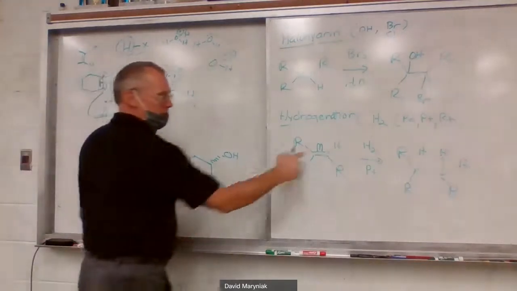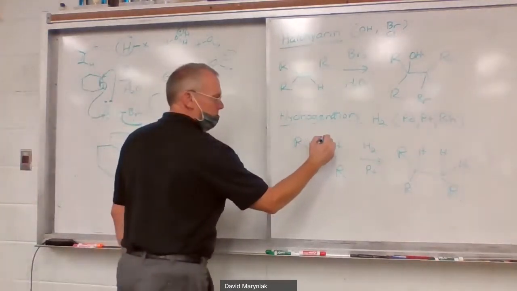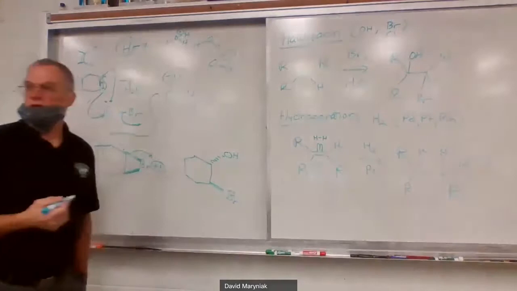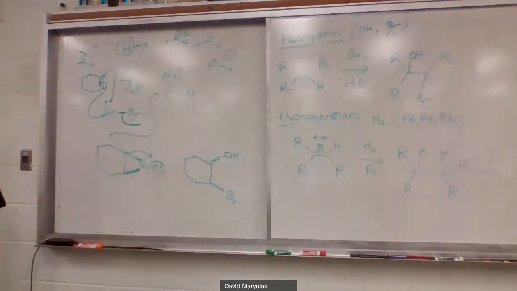And since the metal has hydrogen dissolved in it, the metal facilitates delivery of the hydrogen to the ene. And then once it delivers the hydrogen, the metal goes back, picks up more hydrogen, and comes back.